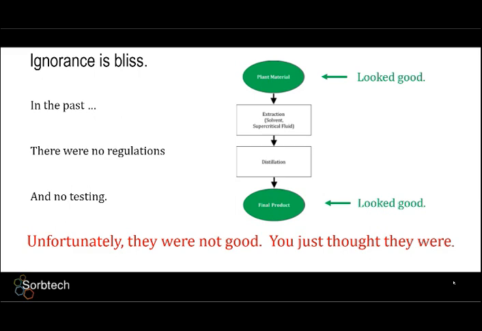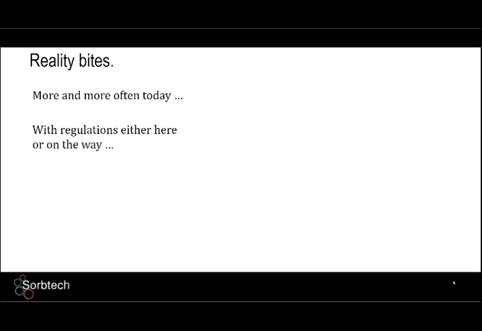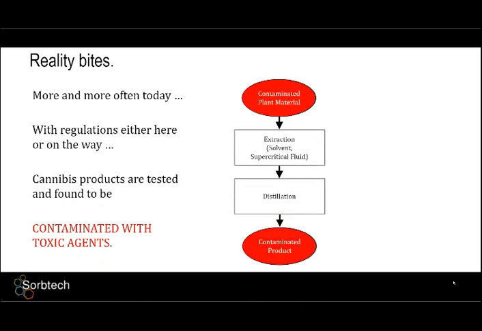Unfortunately, they were not good. You just thought they were. So you're going to have to do something. Reality bites. More and more often today, with regulations either here or on the way, cannabis products are tested and found to be contaminated with toxic agents. So you start with bad plant material, and it gets even worse when you concentrate it.